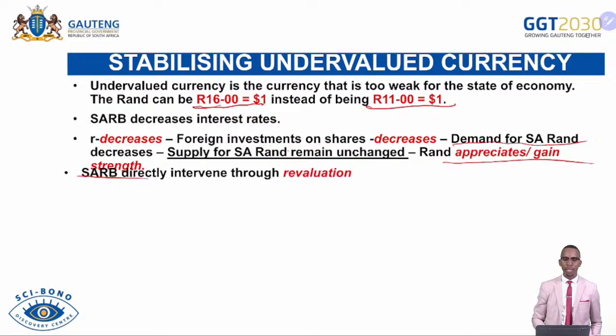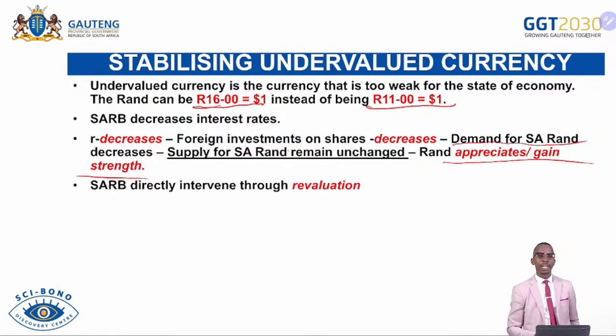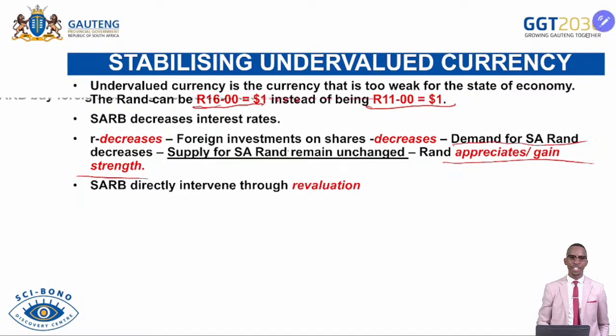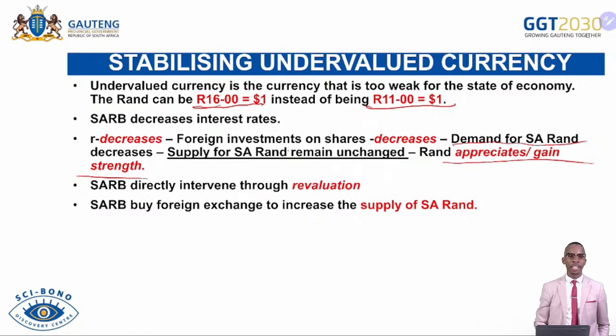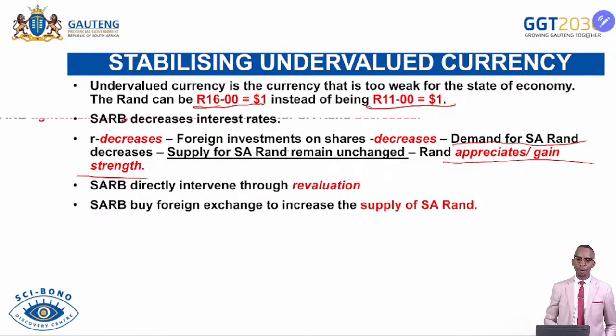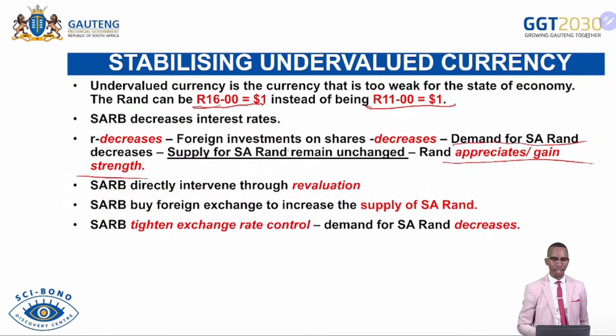We continue. South African Reserve Bank directly intervene through revaluation, giving the value directly, but this normally happens on the fixed exchange rate. And then South Africa buys foreign exchange to increase the supply of rand. So it will buy the foreign reserves and reserve them as it's increasing the supply of rand in order for the rand to gain the strength.